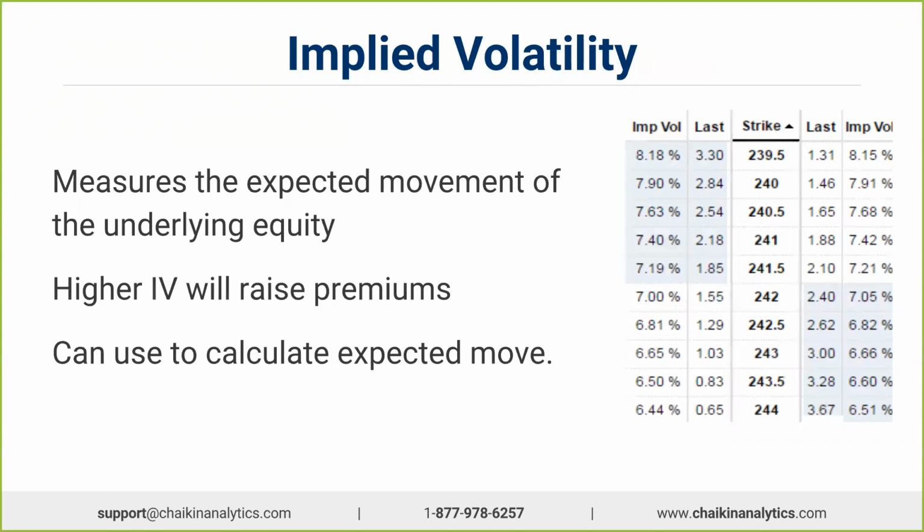Now, the implied volatility also gives us a clue as to how far the market is pricing in a move. So implied volatility can help us calculate the expected move of a stock, which typically is one standard deviation or thereabouts, for you statistical folks out there.